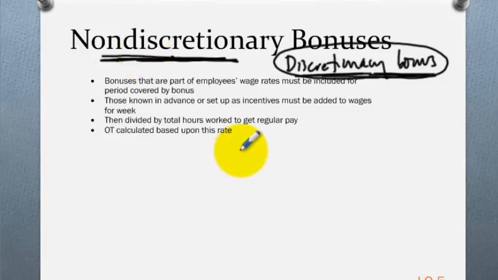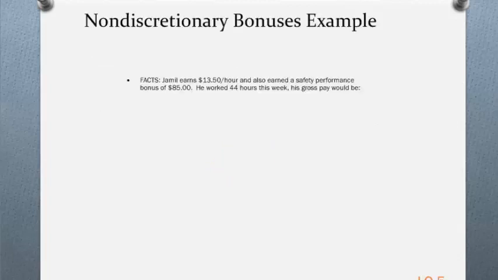Let's do an example of a non-discretionary bonus. Here we've got Jamil. He earns $13.50 an hour and also earned a safety performance bonus of $85. He knew exactly what he had to do to get that safety performance bonus, so this would be considered a non-discretionary bonus.